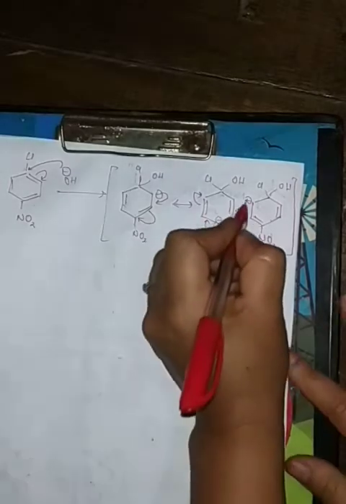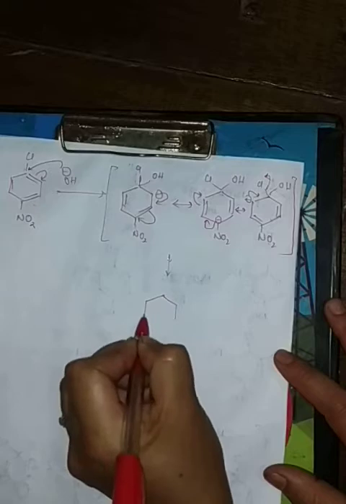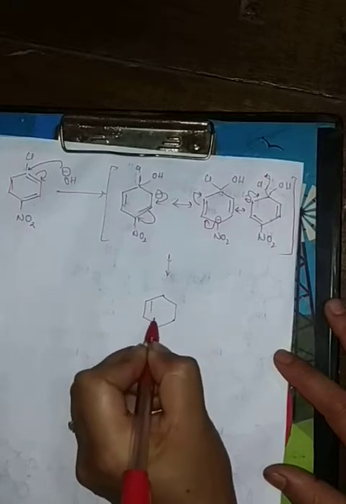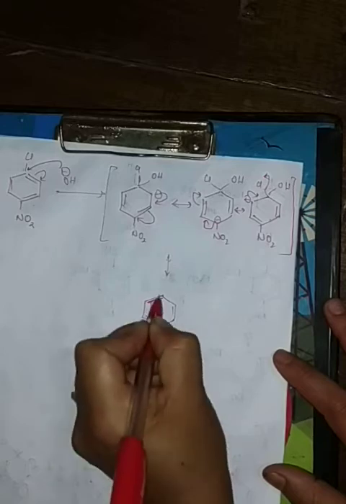And then if this goes, the chlorine atom leaves, and then we'll be getting our product. This is the mechanism for the para isomer.